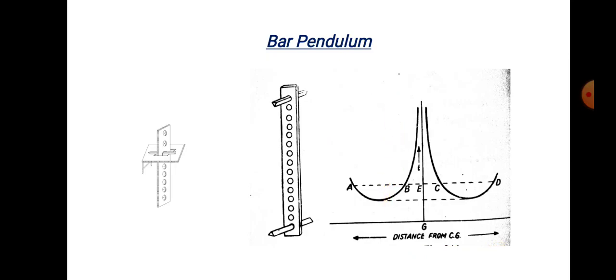From the graph, the time period initially decreases, shows a minimum value, and then starts increasing to maximum values.